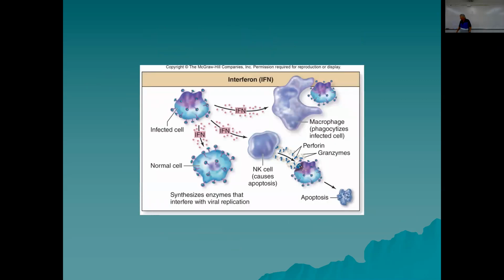Here's a picture of a virus-infected cell that's releasing these different types of interferons to help normal cells synthesize enzymes that interfere with viral replication, to stimulate an NK cell to cause apoptosis of a virus-infected cell, or stimulate a macrophage to phagocytose a virus-infected cell.